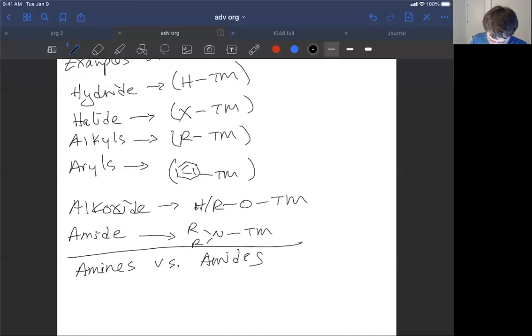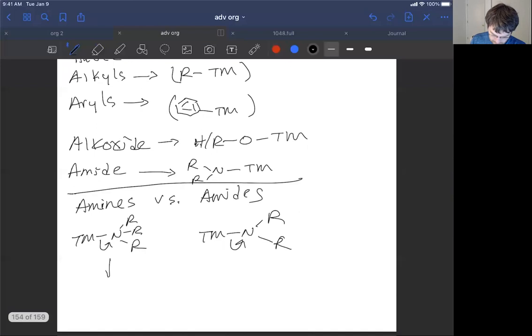So amines are when we have our transition metal bonded to an N with 3 R groups, whereas an amide is when we have our transition metal bound to something with only 2 R groups. Now, if we dump the electrons onto both of these nitrogen atoms, we have a nitrogen with a new lone pair in each case. Here on this right one, we actually already had a lone pair.